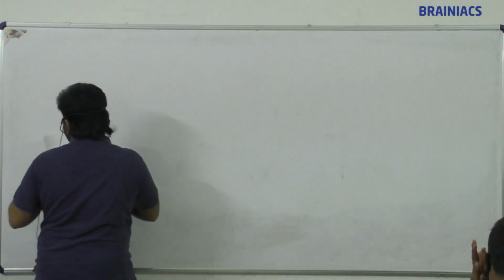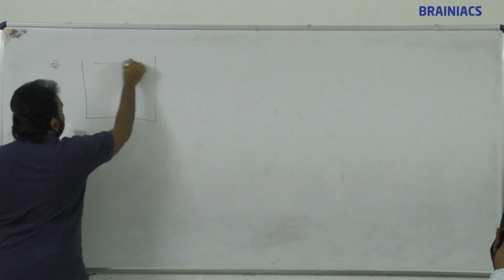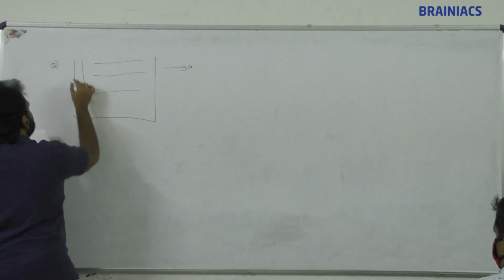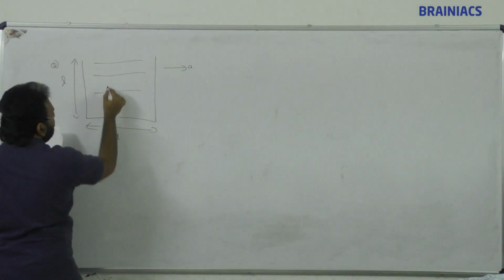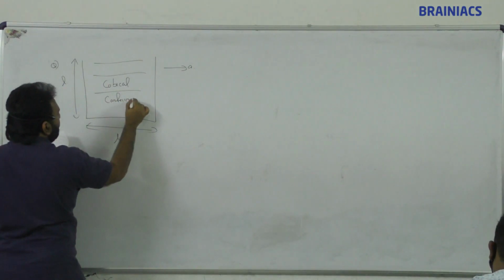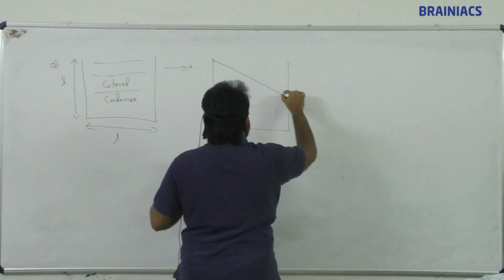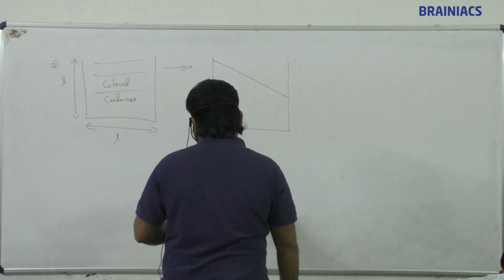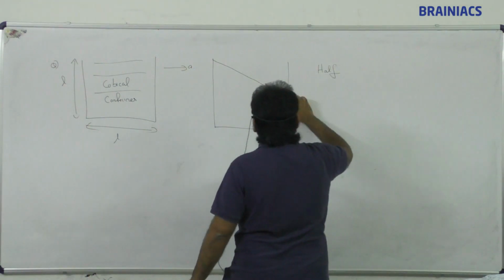Take this problem. A cubical container is moving with an acceleration. Its length is L, its height is L, and this is also L, because it is a cubical container. After moving like this, this much water came out of it, so half of the volume came out.